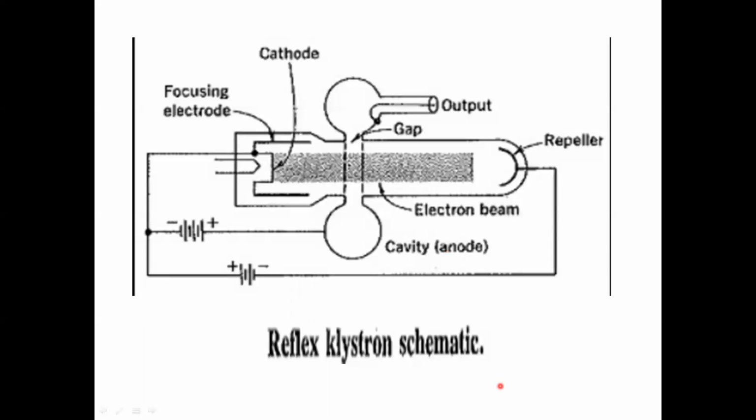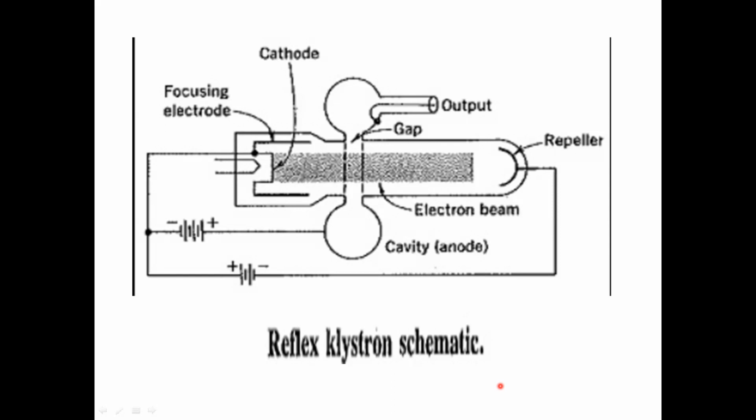The reflex klystron is a single, variable frequency microwave generator for low power and low efficiency. So to generate small powers, for academic purposes, we have a laboratory bench setup for the reflex klystron, with very low microwave power and low efficiency.